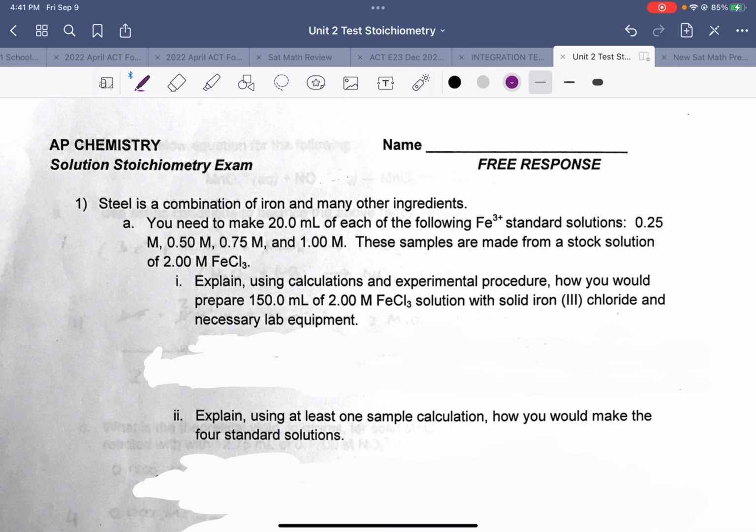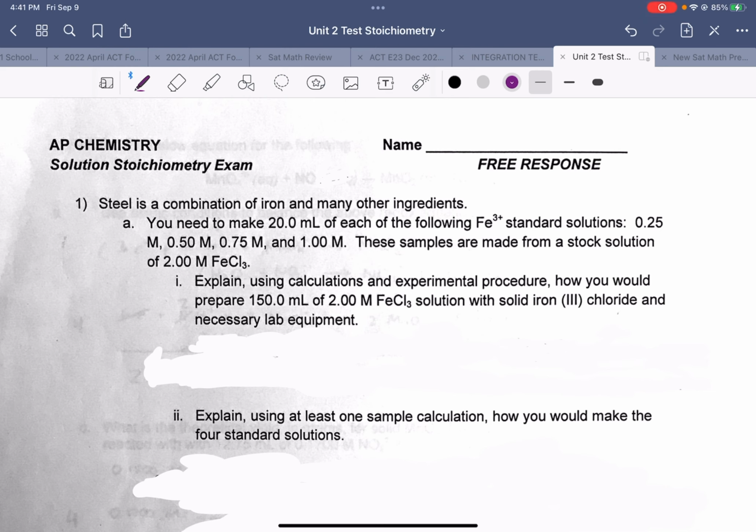So you need to make 20 milliliters of each of the following Fe3+ standard solutions: 0.25 molarity, 0.5 molarity, 0.75 molarity, and 1 molarity. These samples are made from the stock solution of 2 molarity FeCl3.